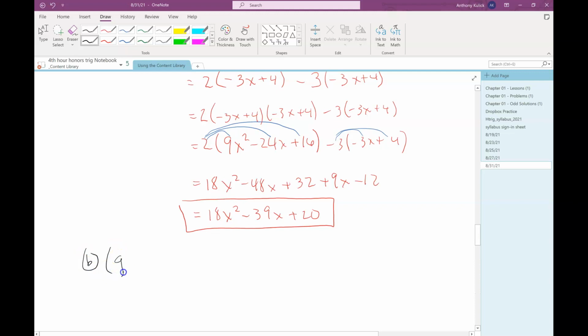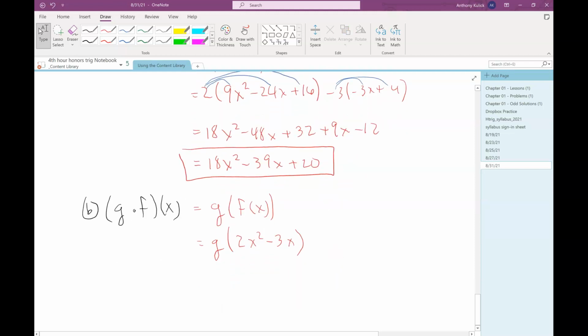Let's do then g compose f of x. So again, from my definition of composition, that would be g of f of x. In this problem, we defined f of x as 2x squared minus 3x.